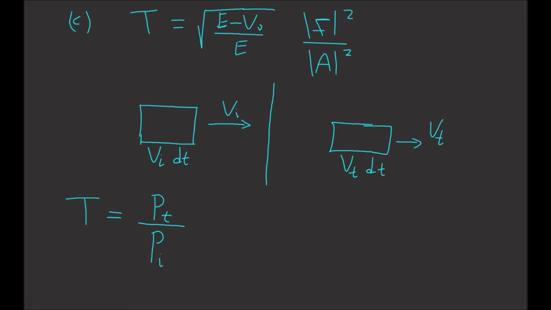which is the same as f squared times v sub t divided by a squared times v sub I, where p of I is the probability of finding the incident particle in the box corresponding to the time interval delta t, and p of t is the probability of finding the transmitted particle in the associated box to the right of the barrier.